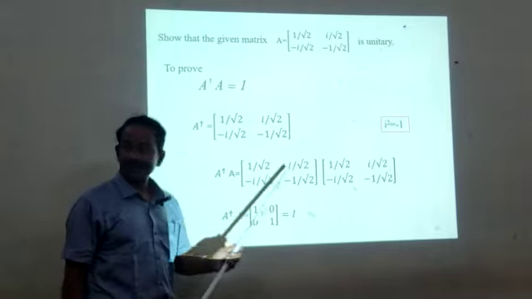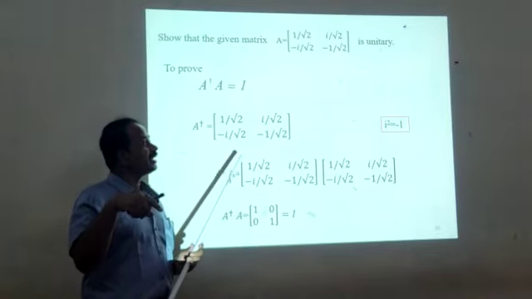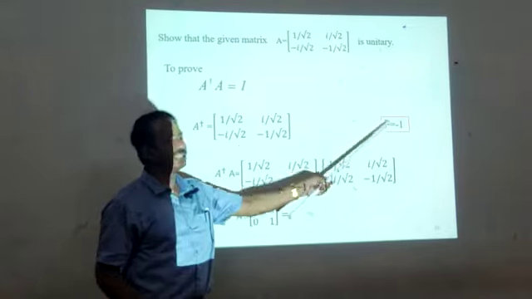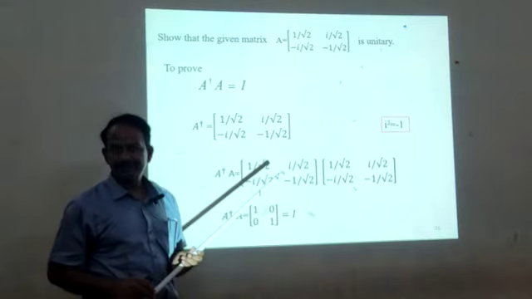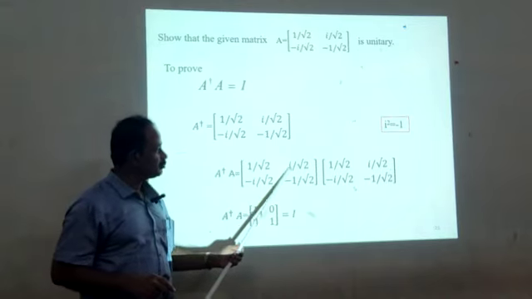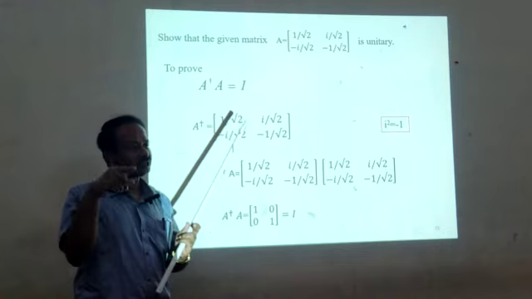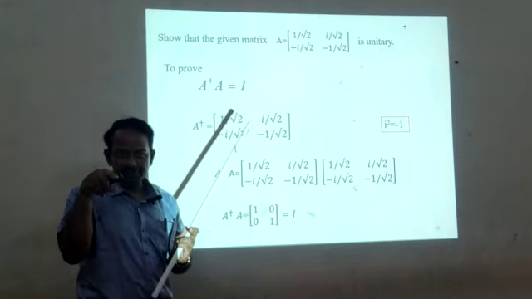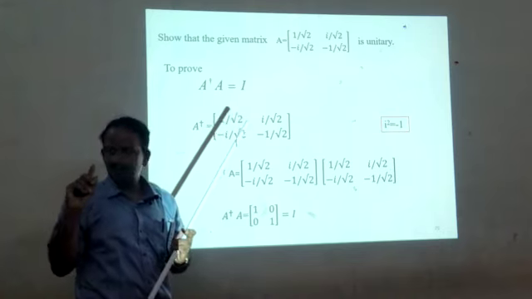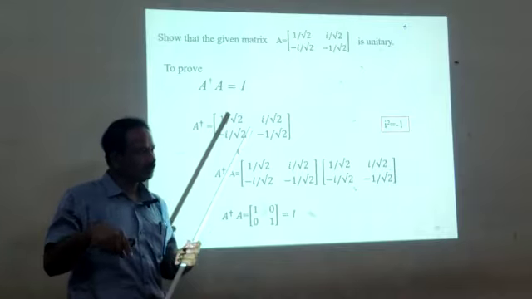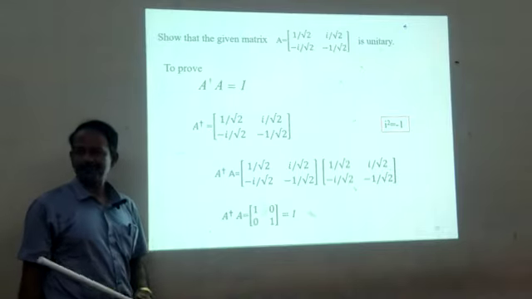Here i by root 2 times minus i by root 2 gives minus i squared by 2. i squared is always minus 1, which you have learnt already, so plus 1 by 2. 1 by 2 plus 1 by 2 is 1.